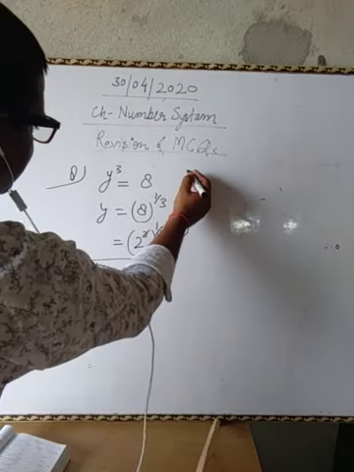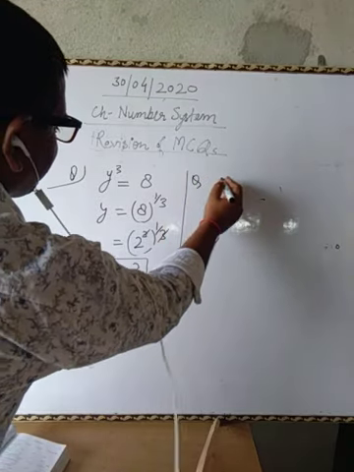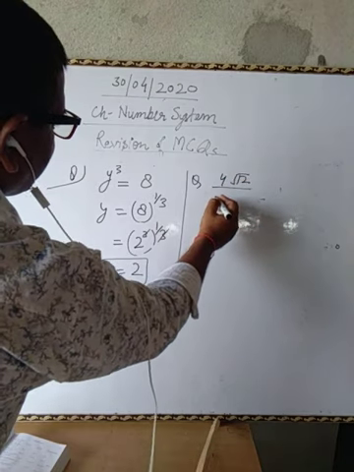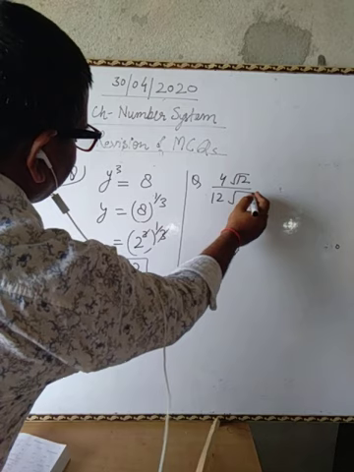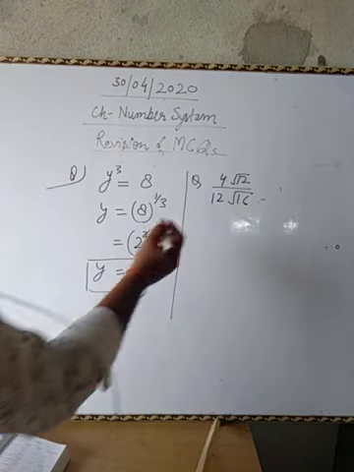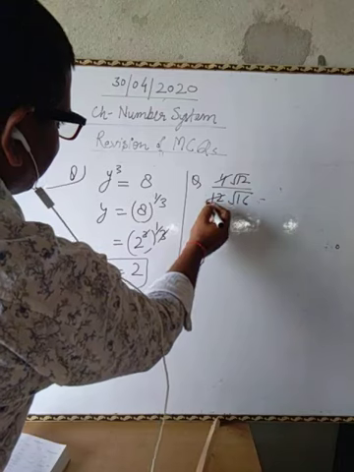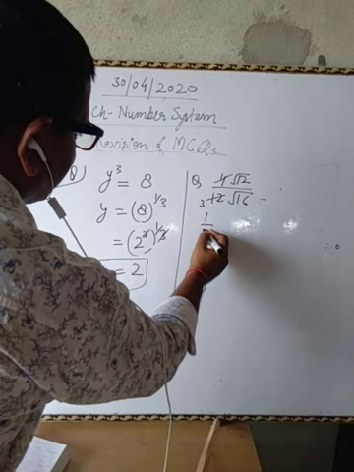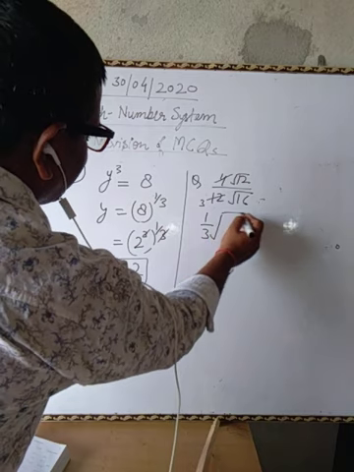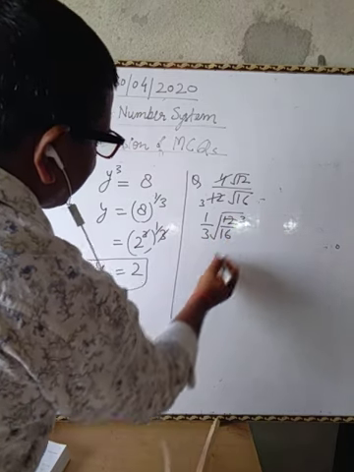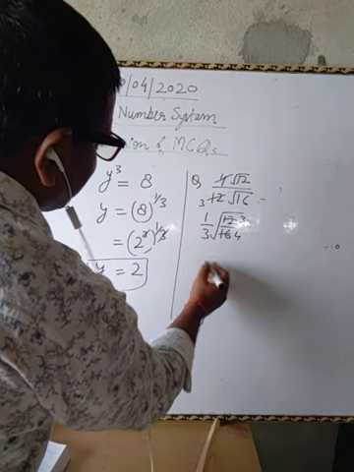Maybe any more simplification? 4 root 12 upon 12 root 16. So this can be written as, 4 1s are 4, 4 3s are 12, and now upper 1, and this is 3, and you may write this as 12 upon 16. 4 3s are 12 and 4 4s are 16.